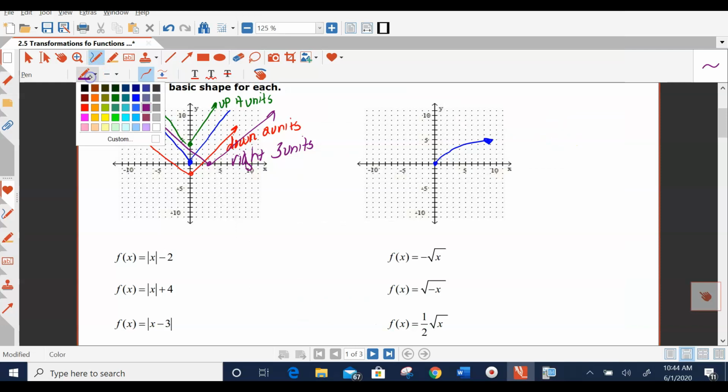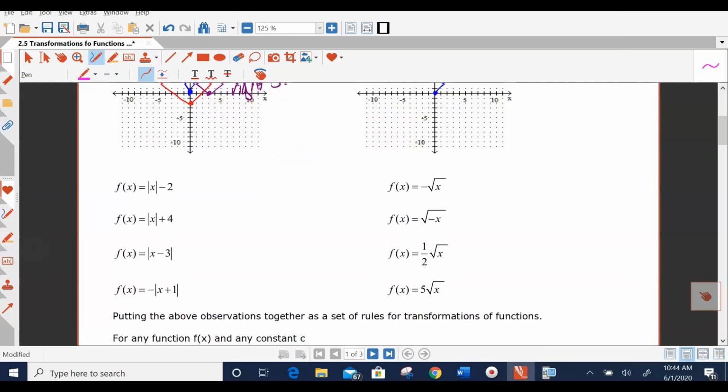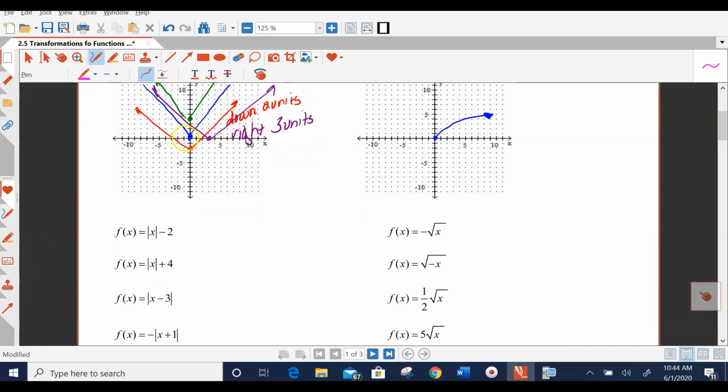All right, let's draw him last. So what did we say? It went to the left 1 unit, and it was flipped over the x-axis. And then we did a reflection, basically, across the x-axis.